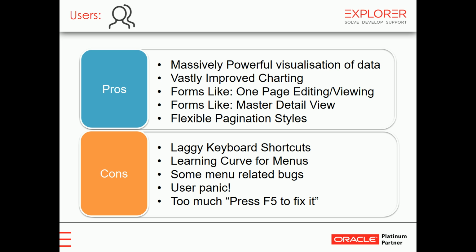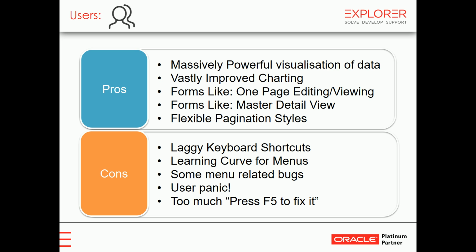Now, that looks very Apex 4.2 to me, where we had the rendering and the page structure on one page, and then we had to drill down into information, change the attributes on a page, save the page, and revert back to the rendering, to the page items and regions. So now we've got everything on one page. It supports master detail, just like Oracle Forms. It's got lots of flexible pagination styles, as I've covered already.